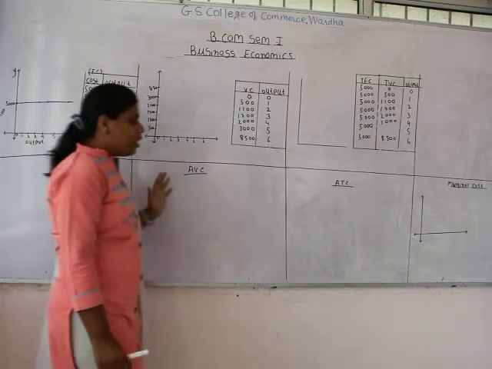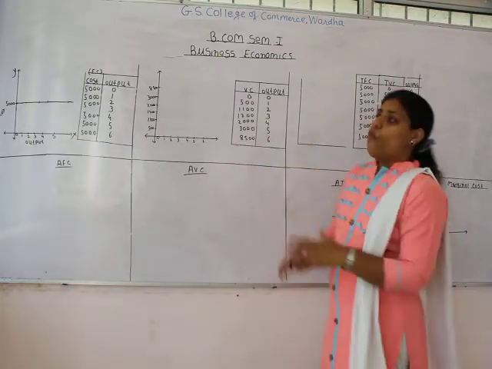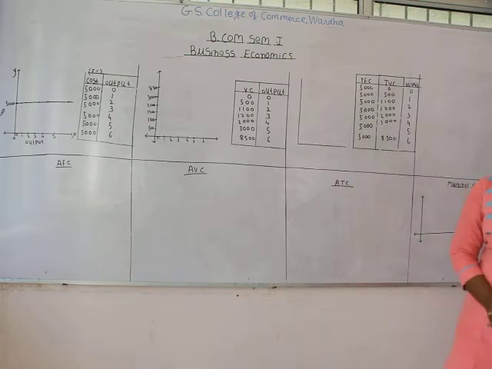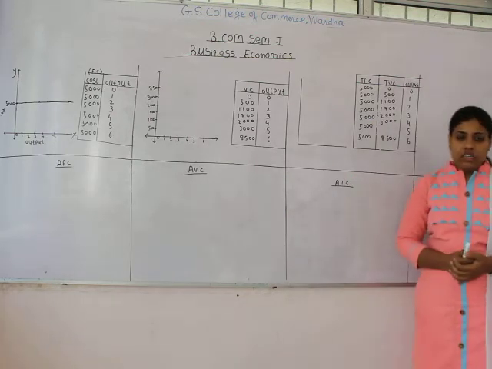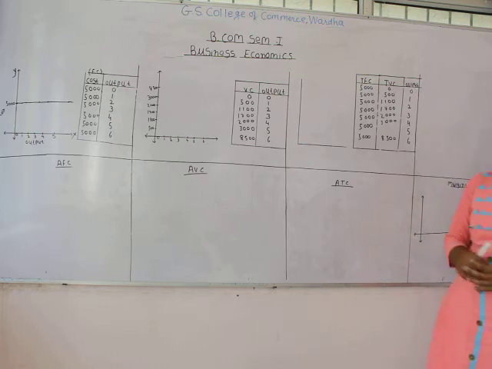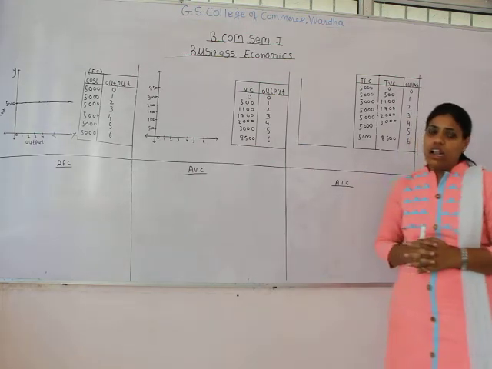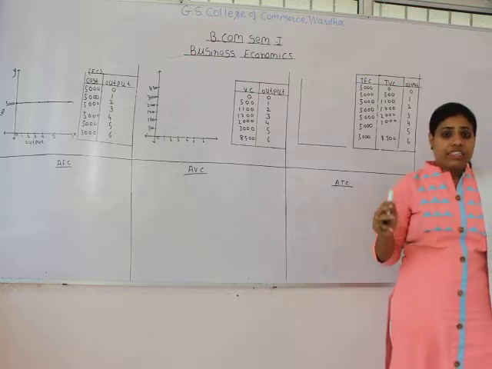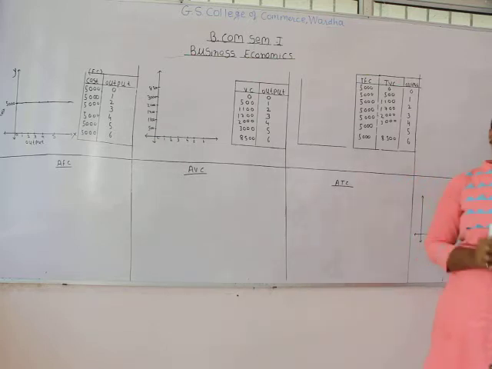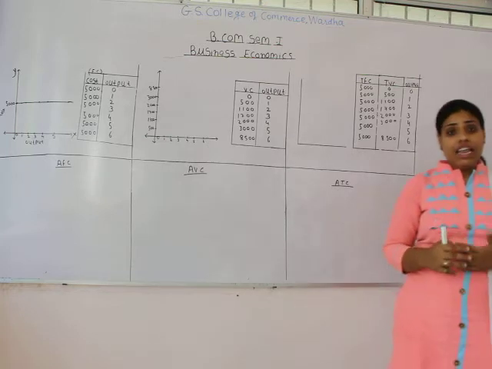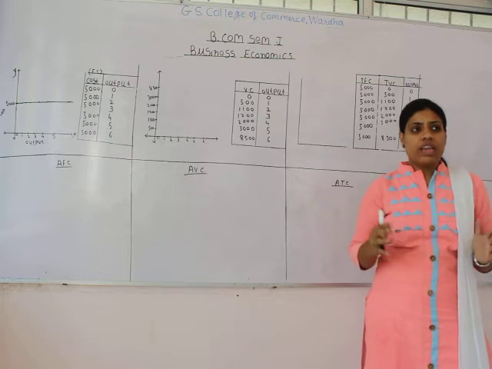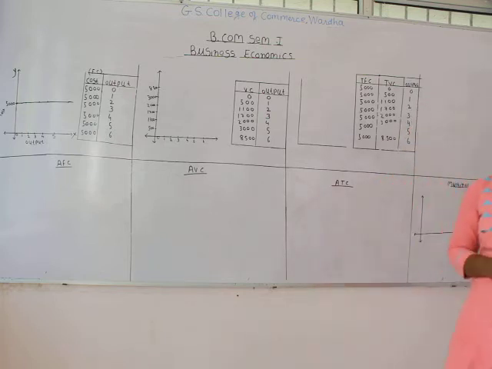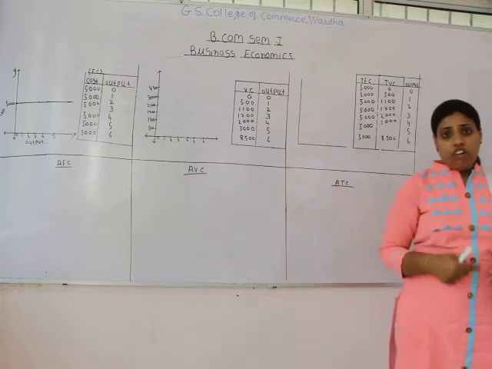Okay. The next one we are going to see is variable cost. When we were seeing the basic concept of cost, we saw the meaning of variable cost as well. What is meant by variable cost? As the name indicates, variable, changing. So the cost which varies or changes with the level of output is known as variable cost. Take the example of raw material.